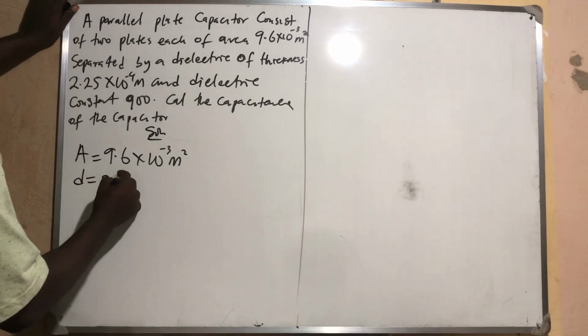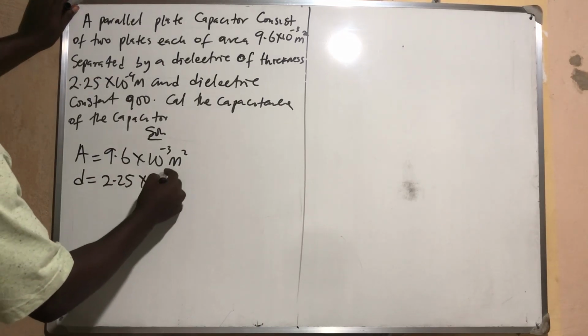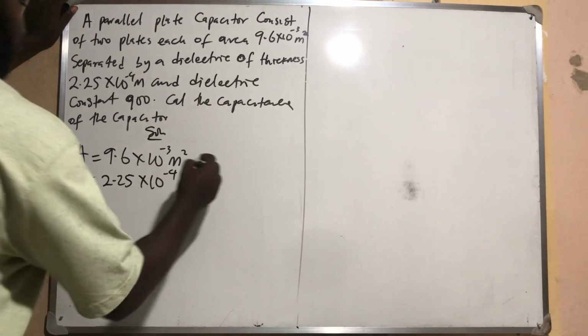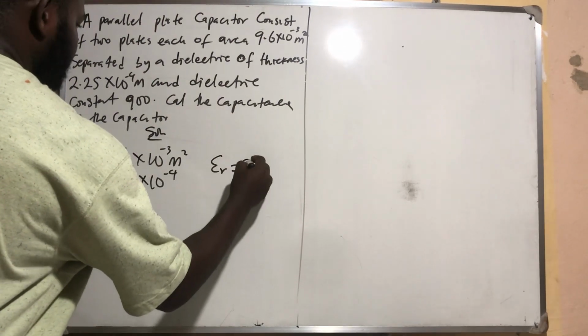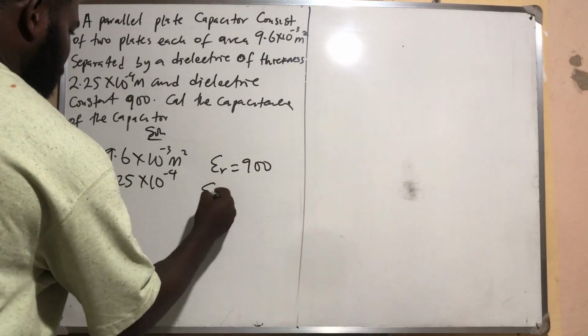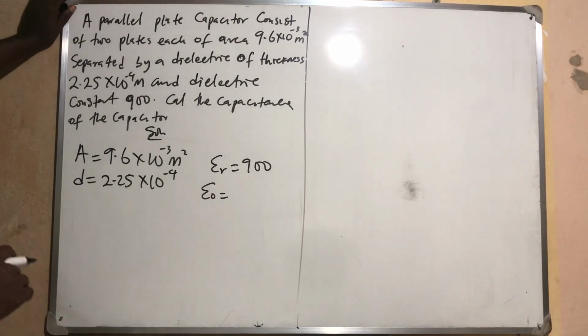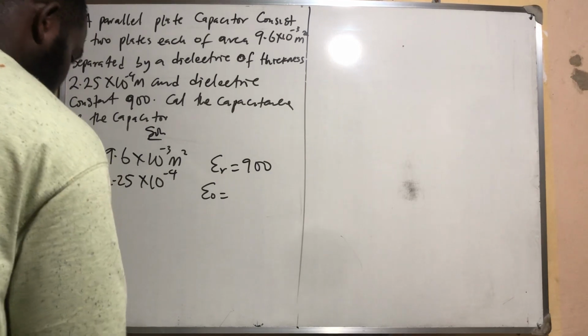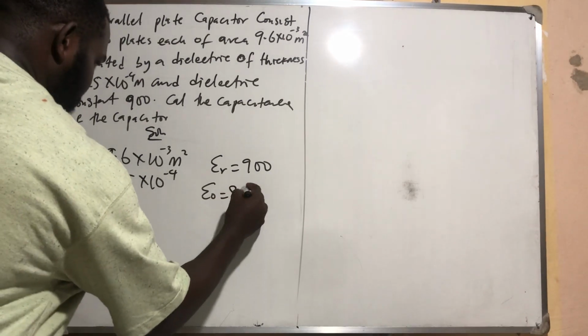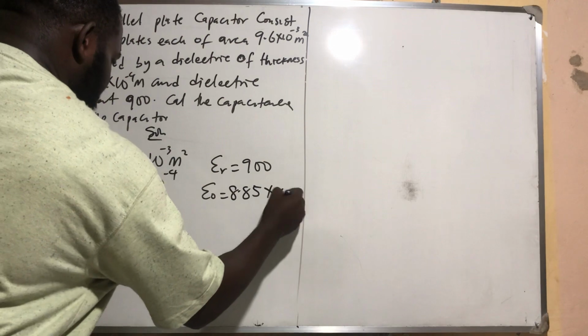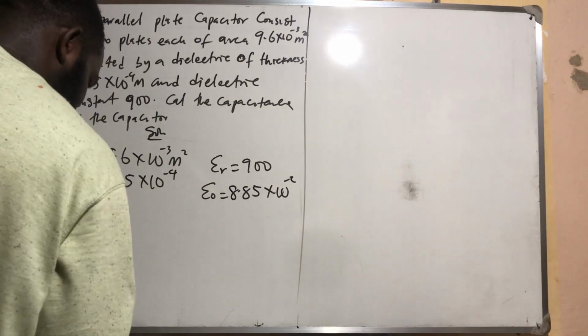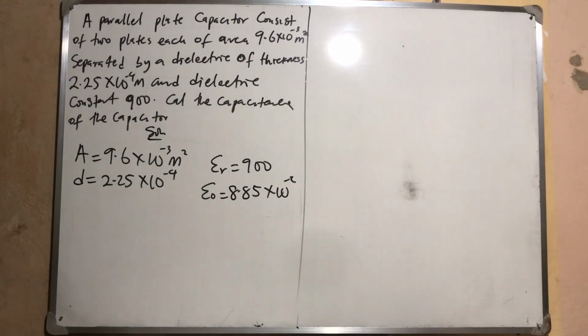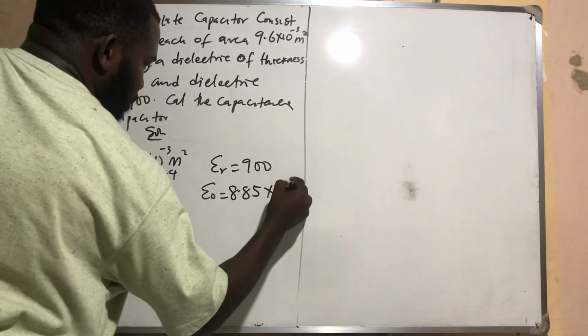So the distance is 2.25 times 10 raised power minus 4. Okay, but they gave us ER. Our ER is 900. But don't forget that E naught is a constant, please. E naught is always a constant. They may give it to you, but if they decide not to give it to you, you should remember that it is 8.85 times 10 raised to power minus 12, please. Very, very important. Okay, is a constant, minus 12.